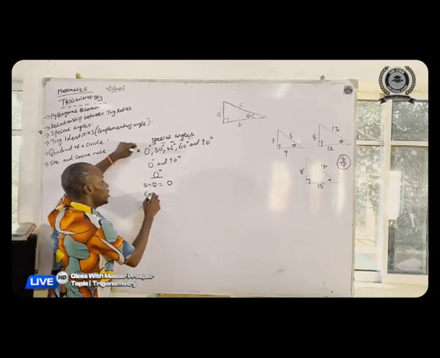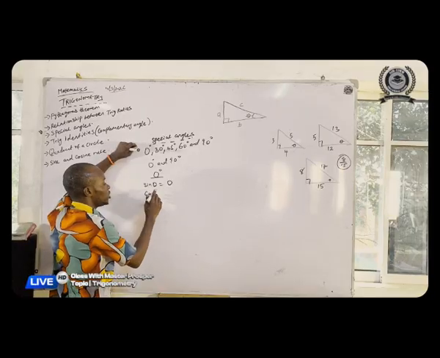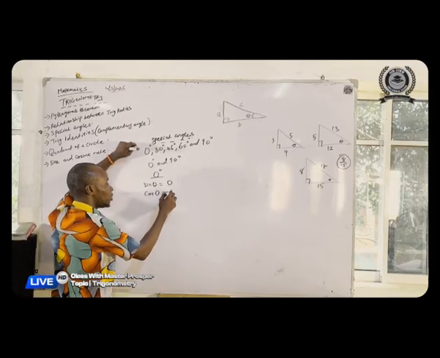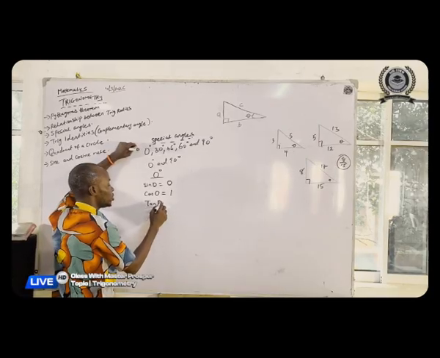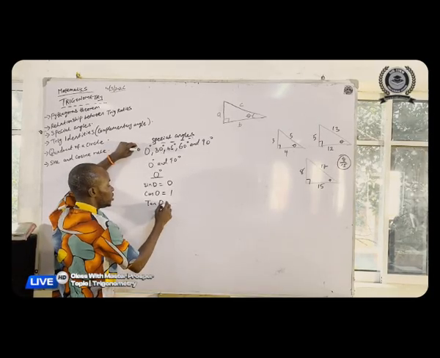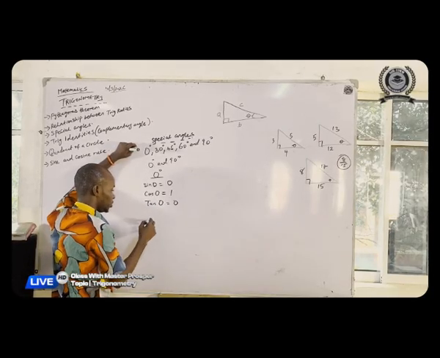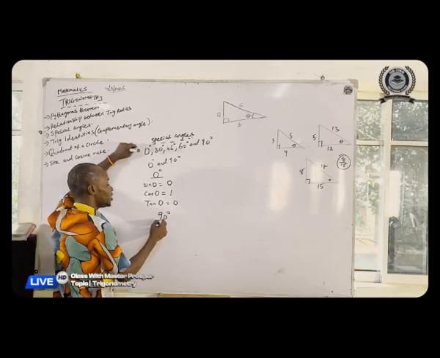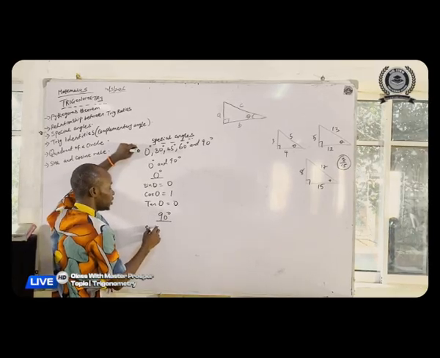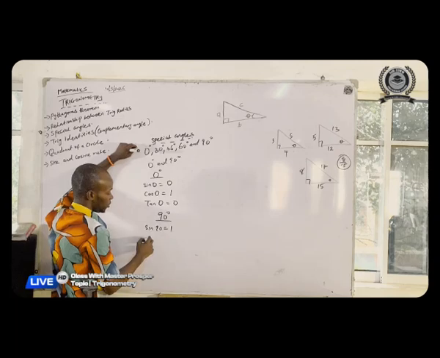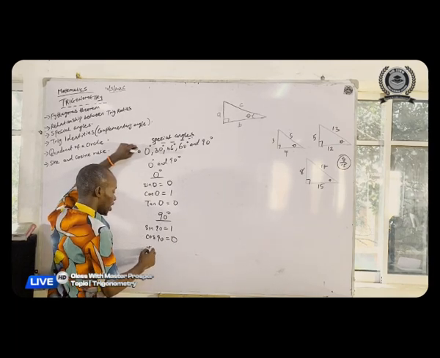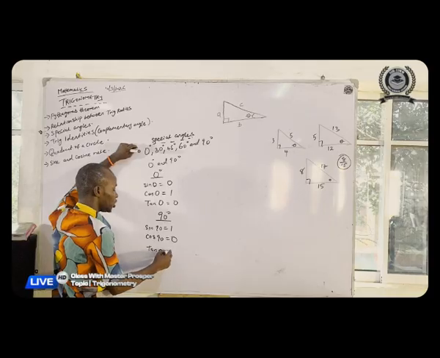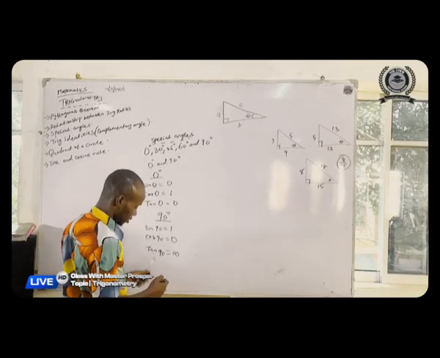We have that cos 0 is equal to 1. And tan 0 is equal to 0. Then when it comes to 90 degrees, sine 90 is equal to 1. Cos 90 is equal to 0. And tan 90 is equal to infinity.